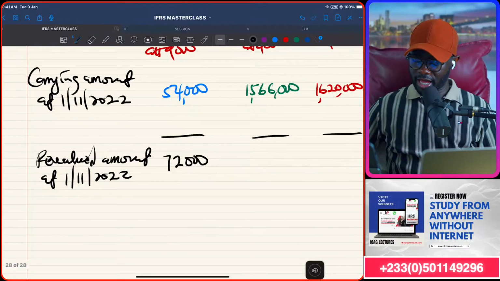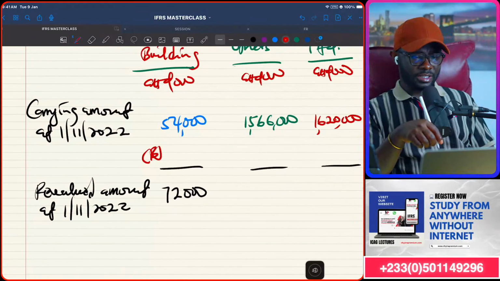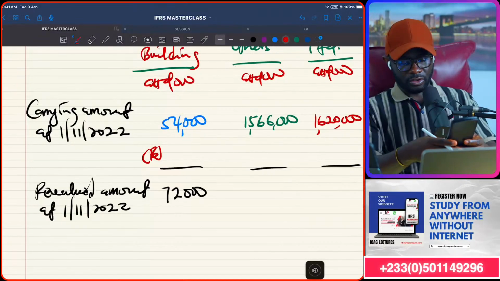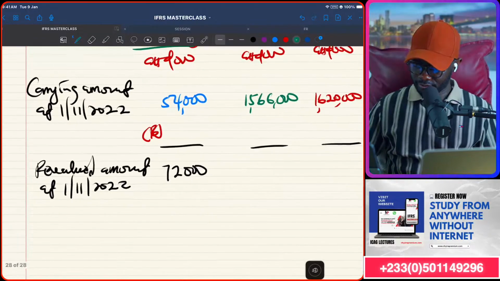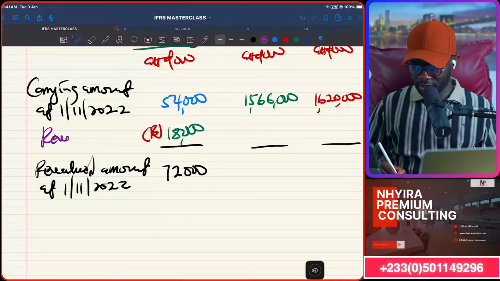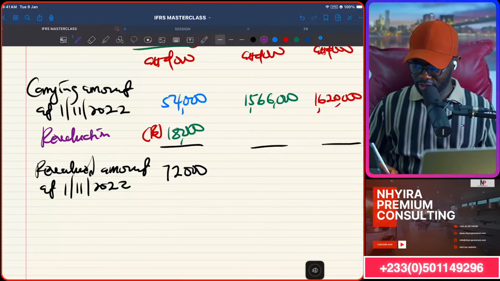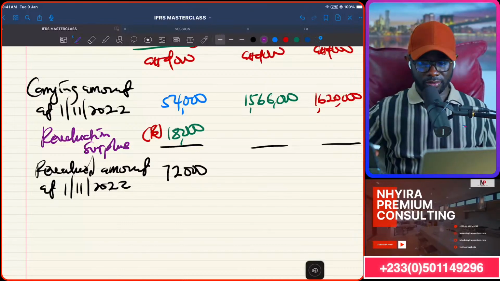Again, you see that I read, hold my breath, interpret, right? So the balancing figure for the building, 54 to 72, has gone up by 18,000. And that's going to be revaluation surplus. And we'll take that to the other comprehensive income. And also revaluation surplus under equity.